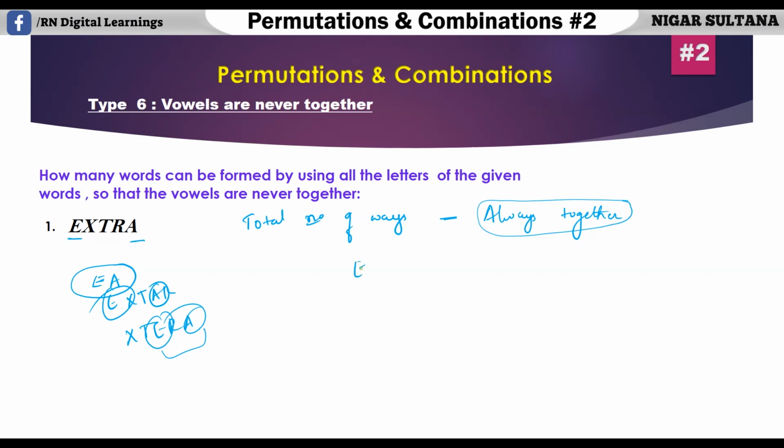Now extra is a word, split it into two. First write down the total number of ways, meaning how many letters do we have? E, X, T, R, A, that is 5P5, and then X, T, R, E, A. So in this way only.